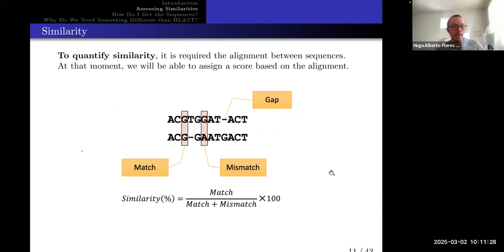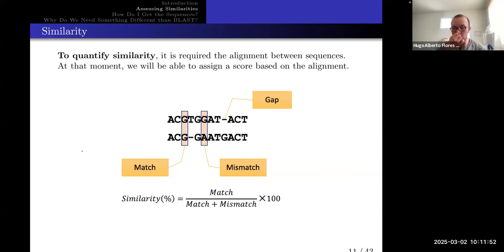One measure of similarity in this case is very simple and very intuitive. We don't know how effective this measure of similarity is, but for sure it is something clear: consider the number of matches divided by the matches plus the mismatches, and you multiply that by 100 and you get a percentage. It's very important to understand that this is after the alignment.